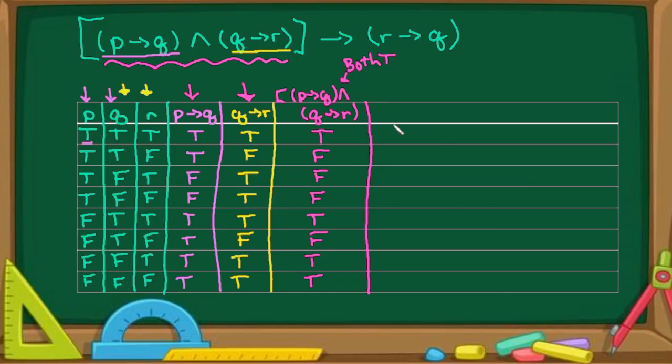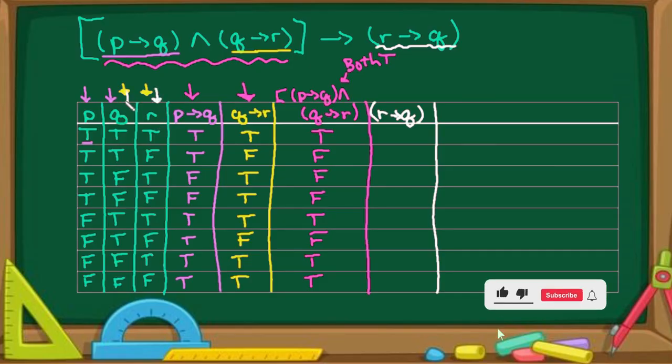All right, so now we need this group, R then Q. So we haven't done that column yet. So we need R then Q. Okay? R then Q means that we're going to start with looking at R, and then we're going to go to the Q column. So we're going to look for it this way. So I would start with true and then true, false and then true, true and then false.